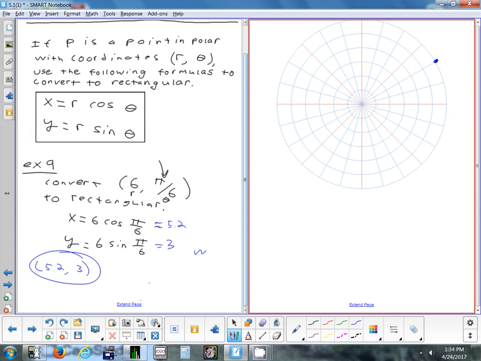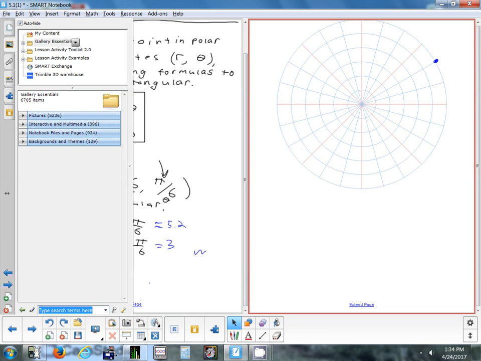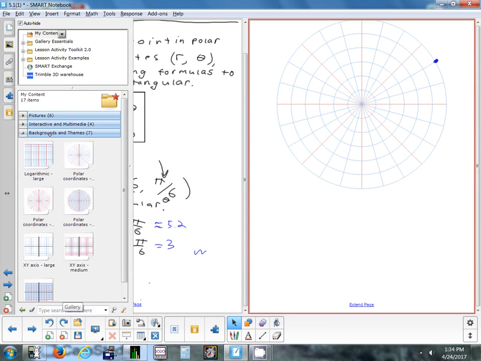I'm going to leave the point exactly where it is, but I'm going to put a rectangular background in place of that one. And if I did this correctly, it should look like this point is a little more than 5 units to the right and exactly 3 units up. Okay, so let's put a rectangular grid that's exactly the same scale in place of that one and see what happens.